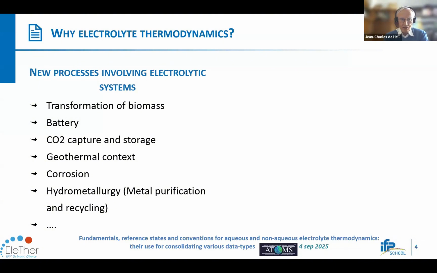This topic comes into many different types of processes that we are interested in, from biomass transformation to batteries, CO2 capture and storage, geothermal, corrosion, and also hydrometallurgy, which is indeed the topic that we are increasingly interested in, metal purification, recycling. So it's really a fundamental topic in thermodynamics.